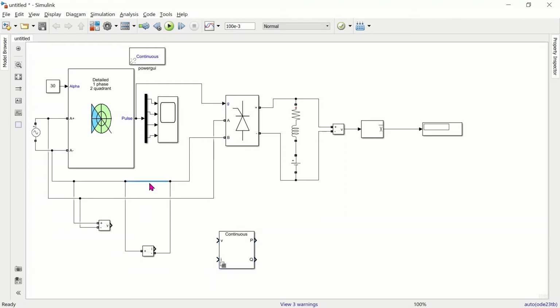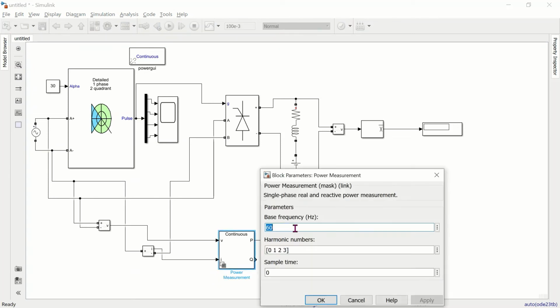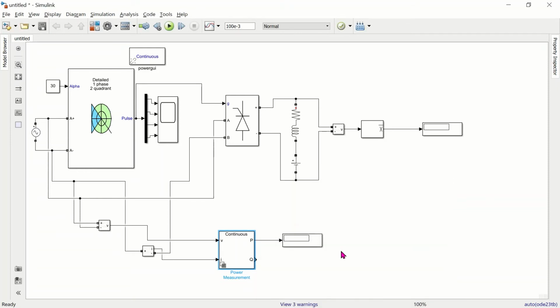What is the power that is flowing between the source and the load? Here I want to measure 50 Hertz, only the fundamental. Now we run our simulation.